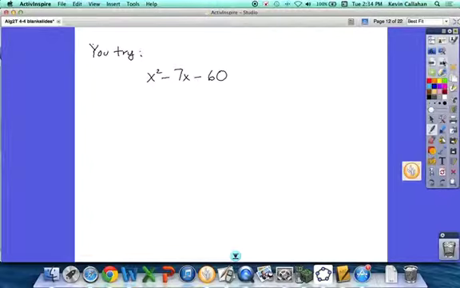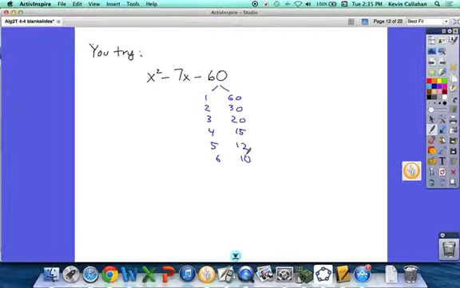Are we thinking of the factors? 6 plus negative 10 does not equal negative 7. Negative 12, positive 5, right? So this could be 1 times 60, 2 times 30, 3 times 20, 4 times 15, 5 times 12, what else? 6 times 10.